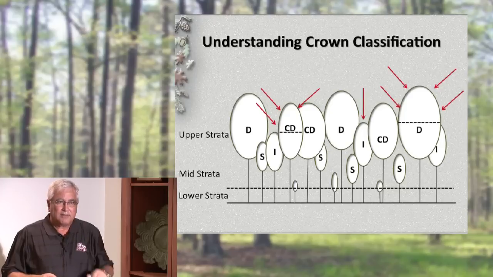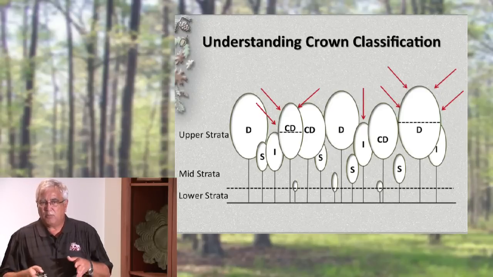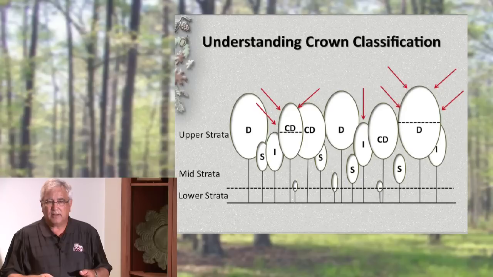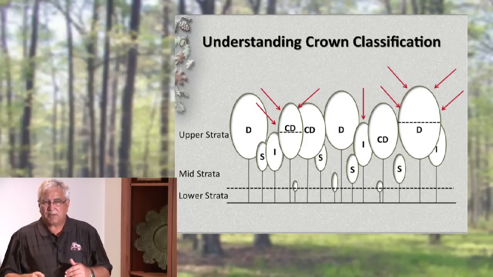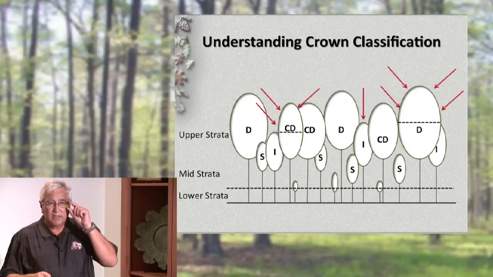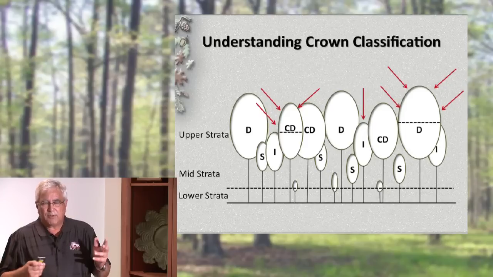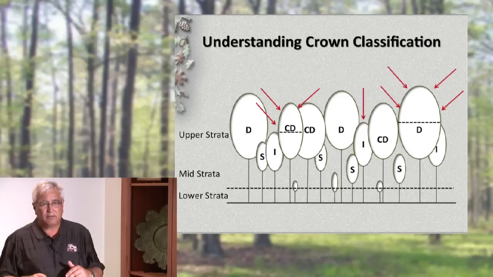If we look at the crown classification system, we're looking at understanding the difference between dominant, codominant, intermediate, and suppressed trees, looking at how much light intercept is going on in there. We're actually separating our trees about mid-level of our crown, upper level of our crown, and a dominant tree will get not only light from above, but light from the side, all around the side through half of the crown shade.